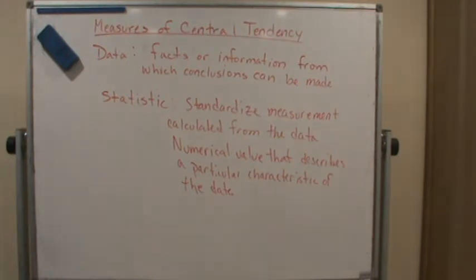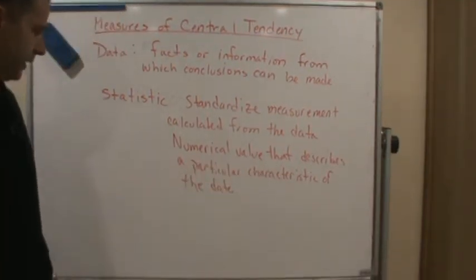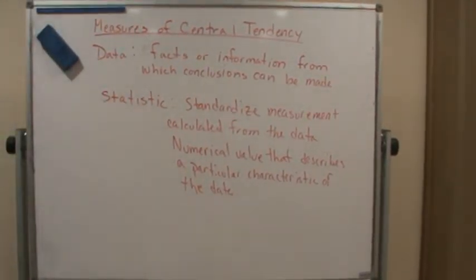Now, what we're going to talk about is descriptive statistics. We call this descriptive statistics because it describes a particular feature or characteristic of the data. One of those descriptive statistics is called the average.